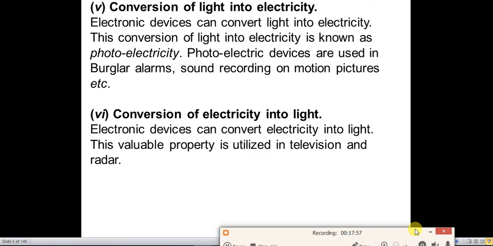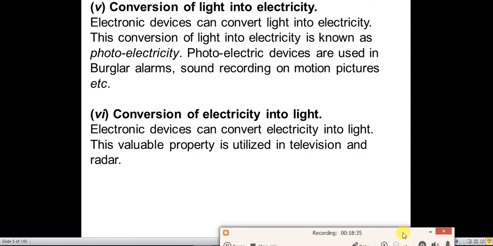So in this way we can convert light into electricity or electricity into light by using suitable semiconductor devices. If you want to convert light into electricity, then we will use, for example, solar cells. If you want to convert electricity into light, then we will use devices such as LED or light emitting diodes, or we can use lasers, light amplification by stimulated emission of radiation.